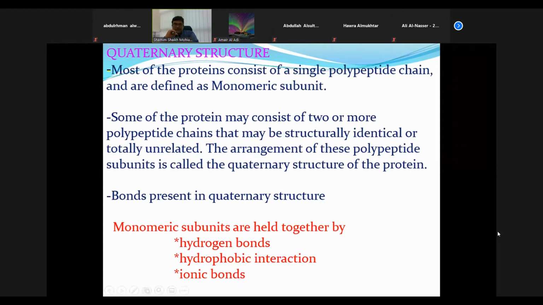Those individual units are called monomeric units, and the bonds are almost the same. You get hydrogen bonds, ionic bonds, hydrophobic interaction. So this is about quaternary structure.